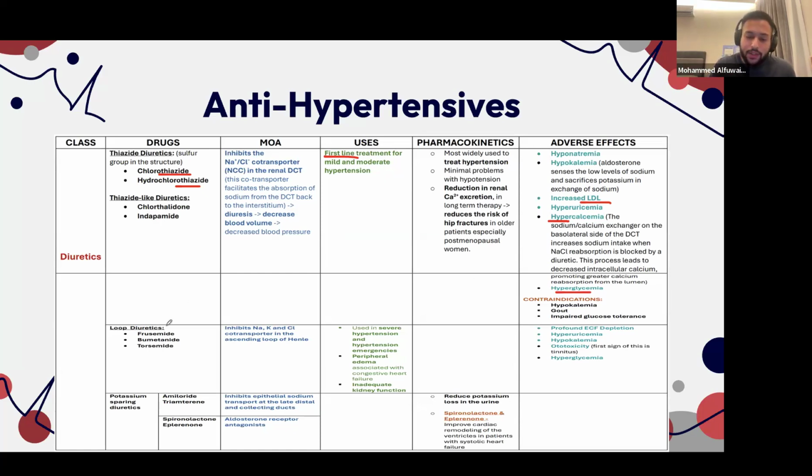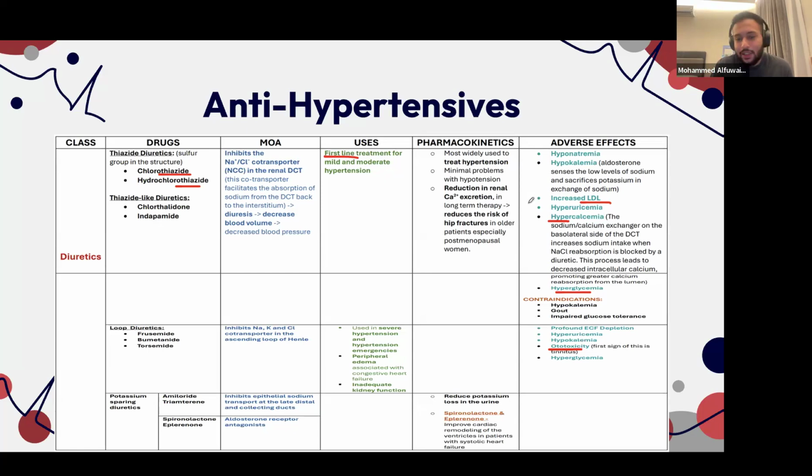Okay, now moving on, you have loop diuretics. Loop diuretics affects which part of the kidney? Ascending loop of Henle. Good. It inhibits the sodium potassium 2 chloride channels. Okay, the co-transporter there. Again, causes diuresis. Important side effect of loop diuretics is ototoxicity. It's very specific for loop.